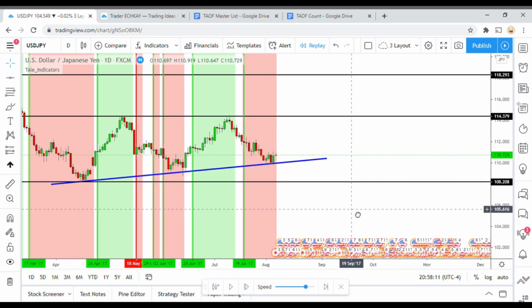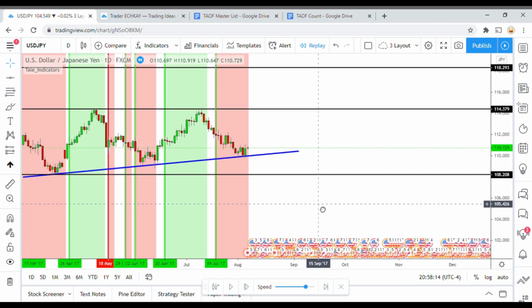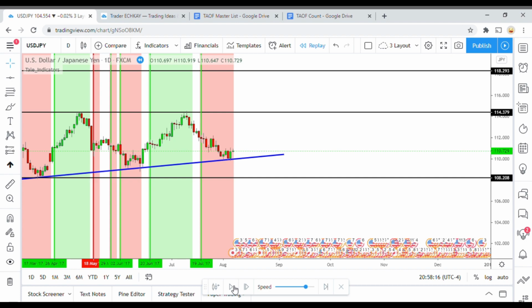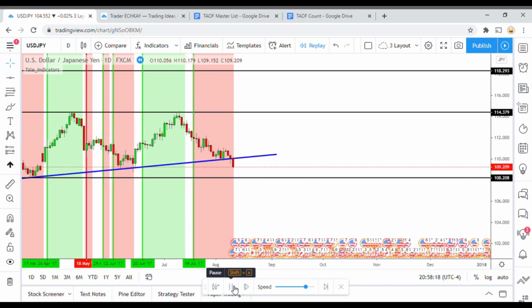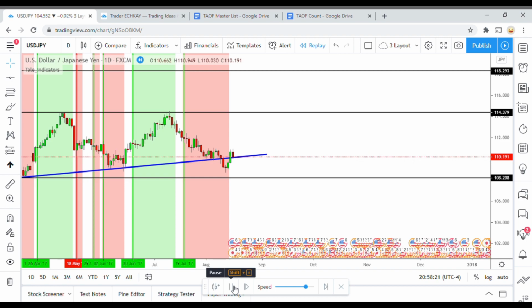So again, it's kind of a crapshoot. You can make educated guesses, but at the end of the day, they are just kind of guesses. Let's see what it does.